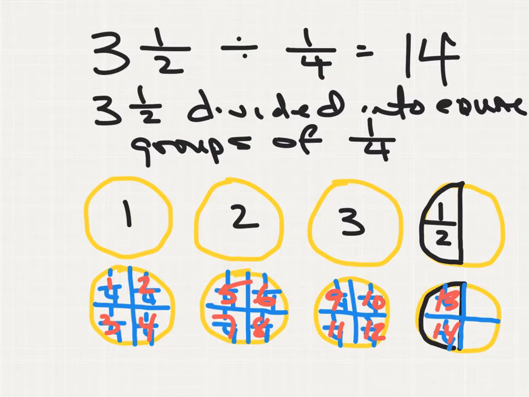There are 14 equally sized groups of 1/4 in 3.5.